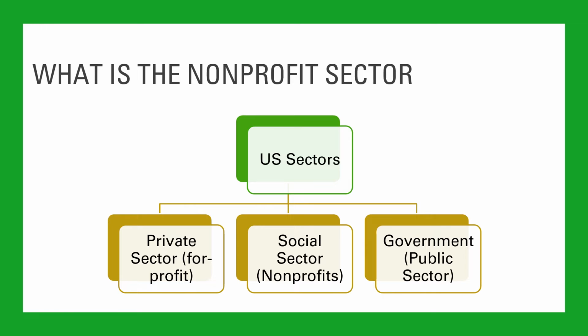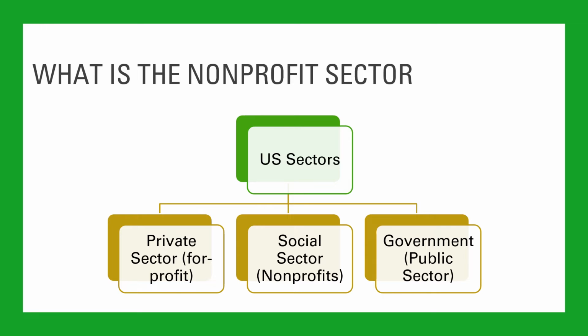Private sector, you will hear often, is for-profit entities. They are developed for profit making, whether it's owned by an individual or shareholders, it's a public for-profit. The goal is to make money. And then you have the public sector.